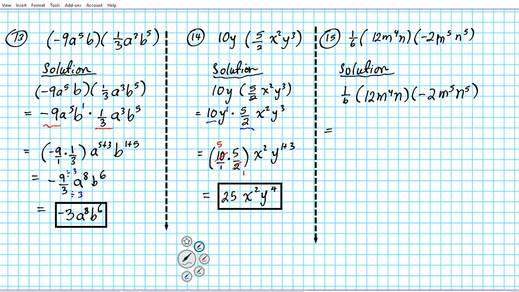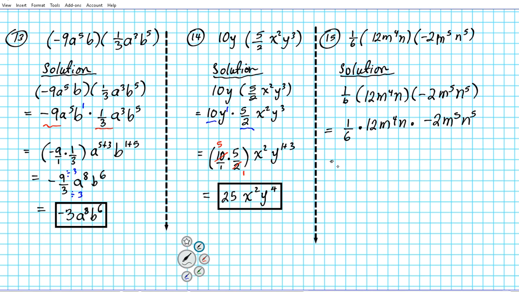All right, so to get us started, let's just rewrite this. We don't have to put the parentheses since we're multiplying monomials. Okay, so it's 1/6 times 12m to the fourth n times negative 2m to the fifth n. Remember, when you're just multiplying monomials, you can drop the parentheses, okay? But if you have binomials, you have to distribute and all that stuff, but we don't have to do that here.